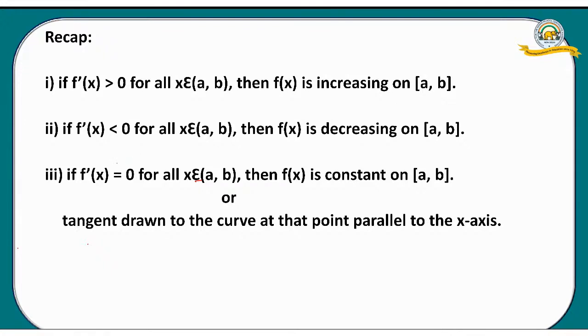Similarly, if f dash x is less than 0, I mean dy by dx is less than 0, or you can say slope is negative, the function is a decreasing function. If f dash x equal to 0, we will say that the function is a constant function, or the tangent drawn is parallel to the x-axis. These are the concepts you have learned yesterday. We use these concepts to continue further.